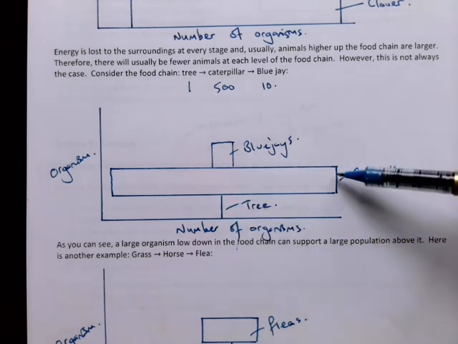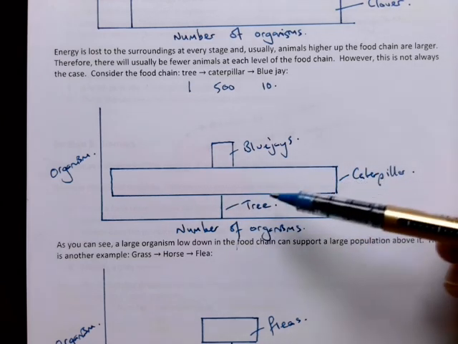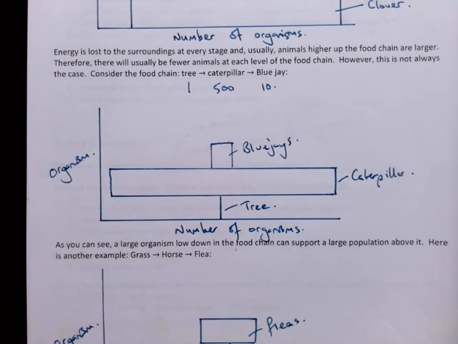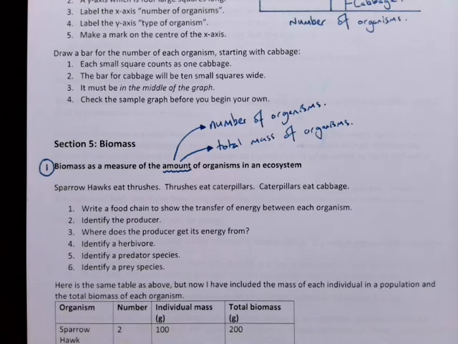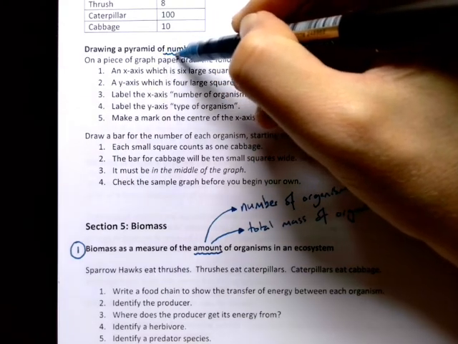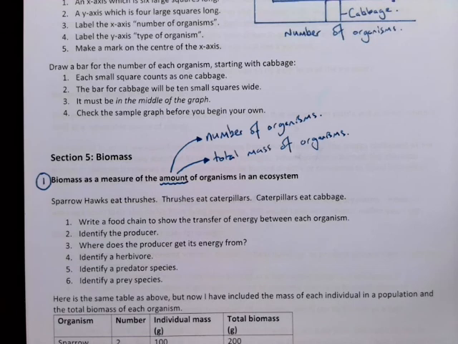And all of these caterpillars are really, really small. So even though we've got 1 here and about 1,000 here, it's not really telling us the whole truth, is it? And you're completely right. That's the problem, isn't it? Is that if we think only about pyramids of number, we don't take into account how big each organism is.